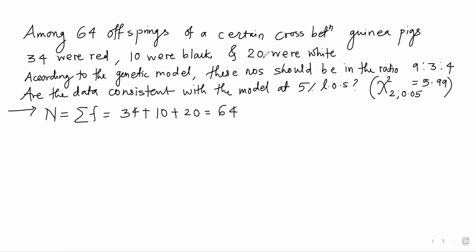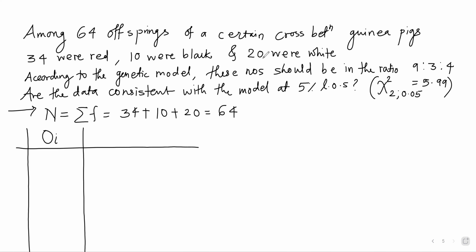Now I want to calculate the observed and the expected ones. For observed, I want this data for red, then the second one is black and white.